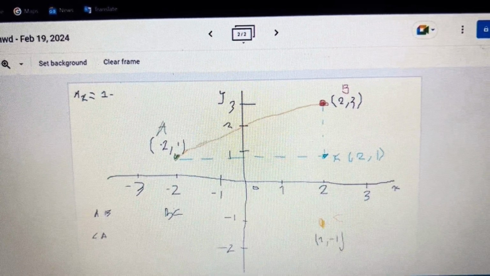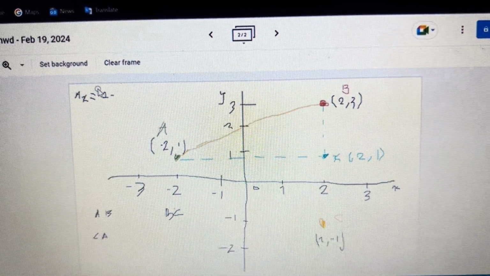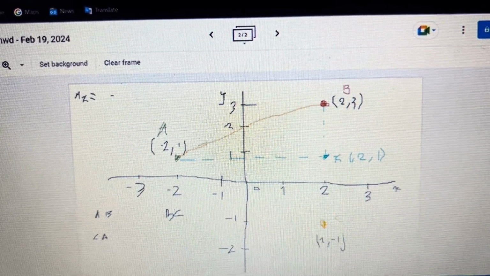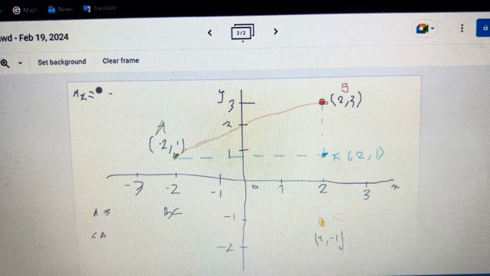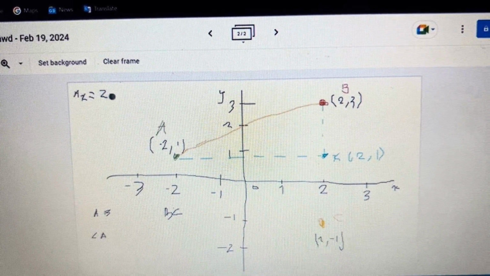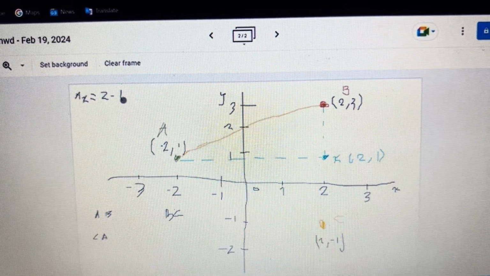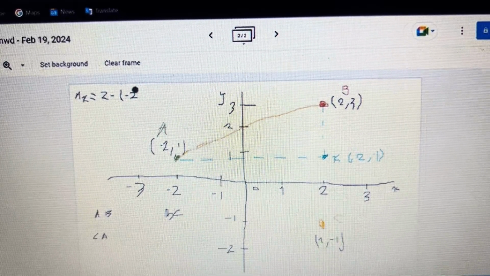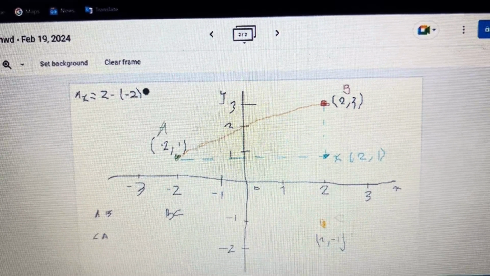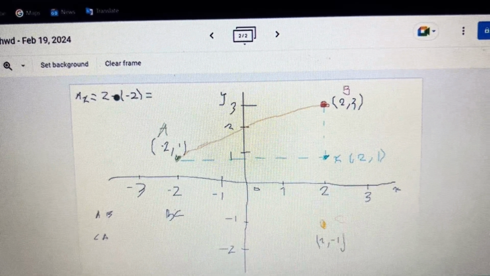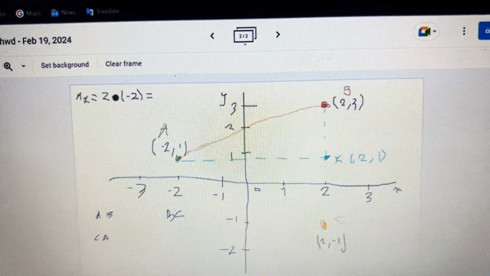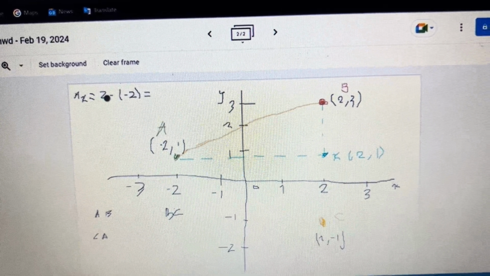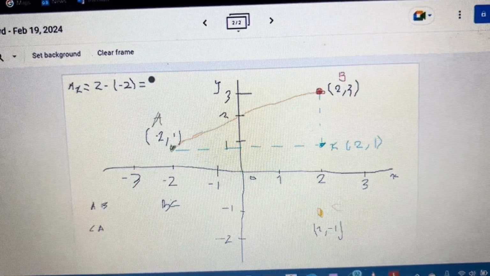Let me just write it better. So 2 minus negative 2, we do our math here. The negative and the negative, they multiply each other, they give us a positive. We have 2 plus 2, that gives us 4.